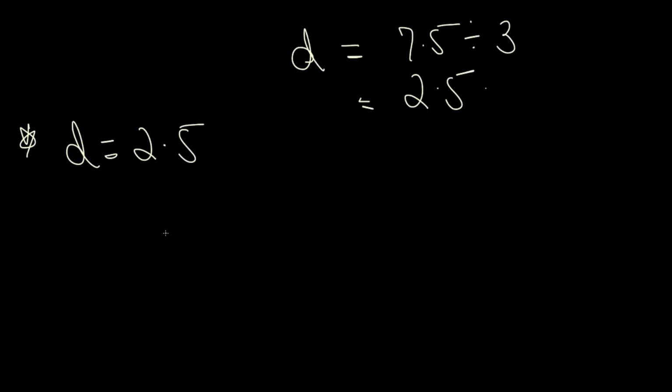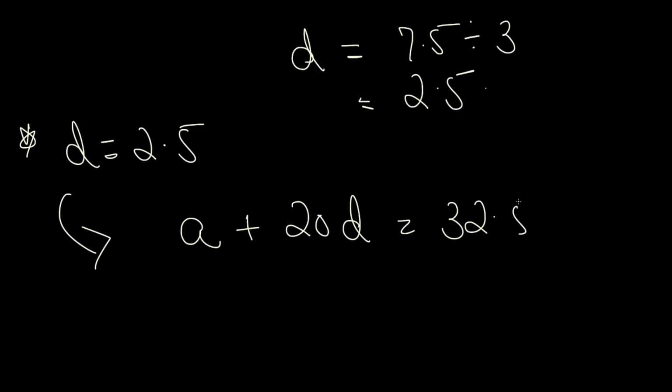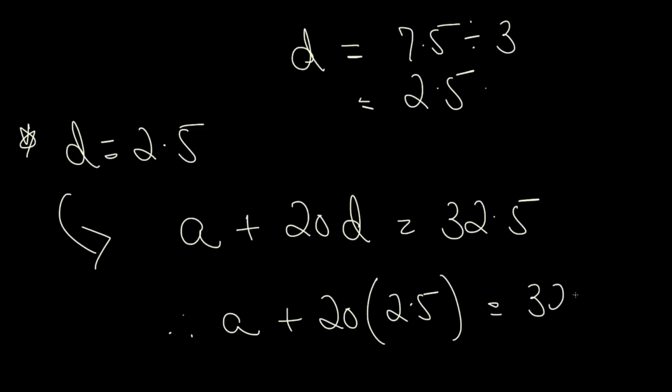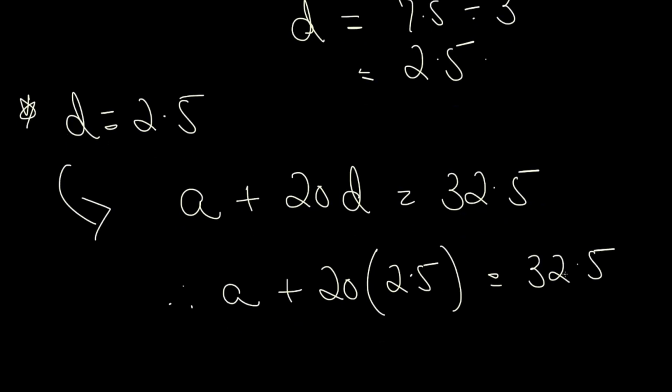Now that we have D equals 2.5, we can use that to show that A is minus 17.5. We know that the first equation was A plus 17D, or the second equation, let's use that. A plus 20D equals 32.5. So now that we have the value of D, we can say, therefore, A plus 20 times 2.5 equals 32.5.